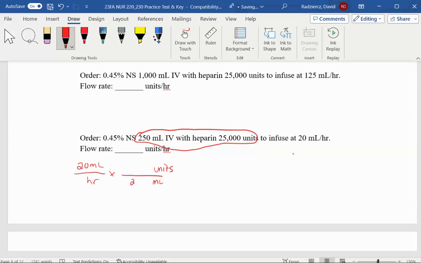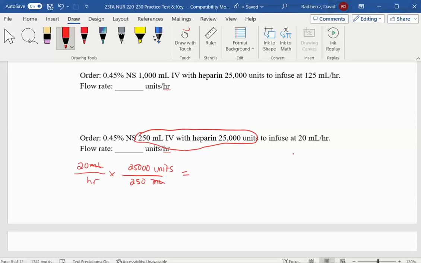So 250 milliliters, 25,000 units. I know I've set it up right because I've canceled milliliters and I'm left with units per hour. So I'm going to take 20 times 25,000, which gives me 500,000 again, divided by 250.